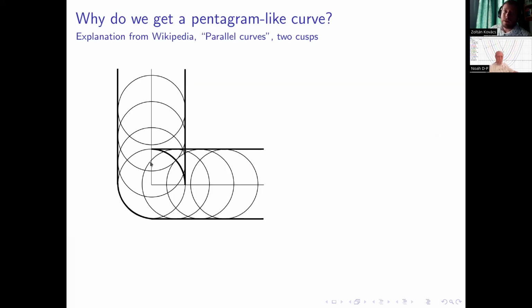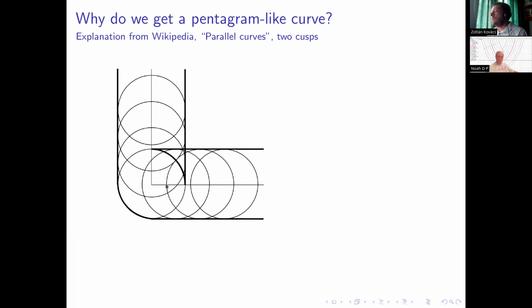Let's study the curvature of this. In this part of the original curve, we have curvature 0, because the osculating circle has an infinite radius. So the curvature is 0. Here, at this part, the curvature is 0. The same for this part.